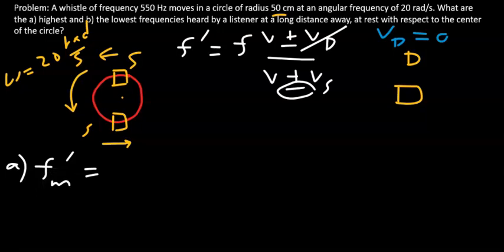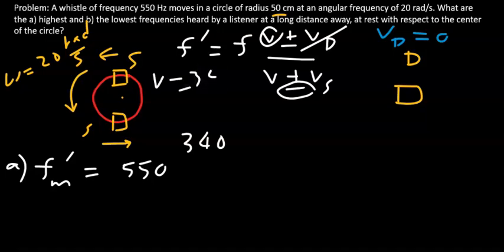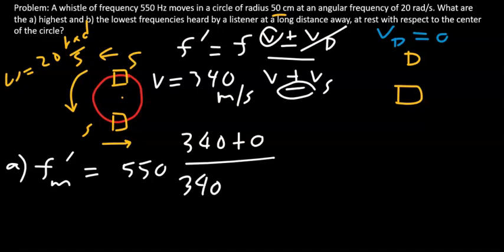Maximum F prime: F is 550 Hertz. Now V is the speed of sound. Let's take that to be 340 meters per second, the speed of sound in the air, plus 0, the detector is not moving, over 340, and we have chosen the minus sign to get a shift up, minus V sub S. What is the speed of this source?